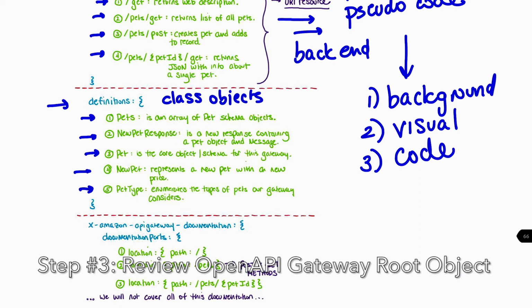So pets is an array of the pet schema objects. New pet response is a new response that contains a pet object and a message. Pet is the basic definition of the pet for this example. New pet represents, as the name suggests, a new pet with a new price that you can define. And then we have pet type, which enumerates the types of pets our gateway considers.